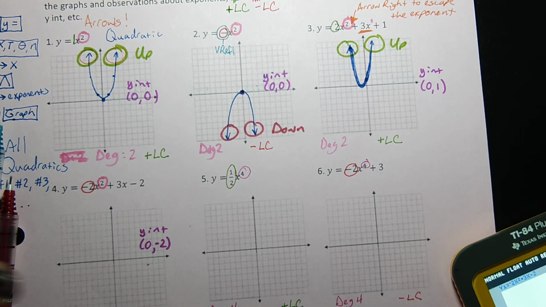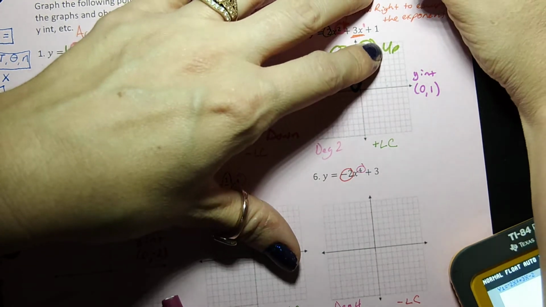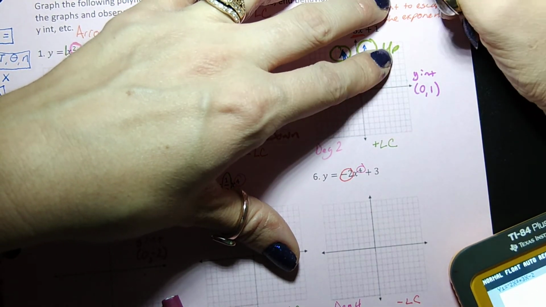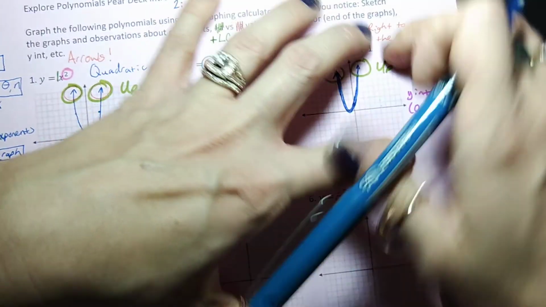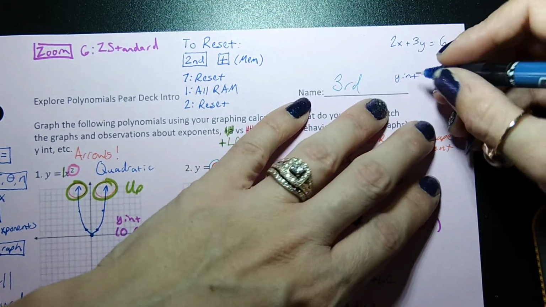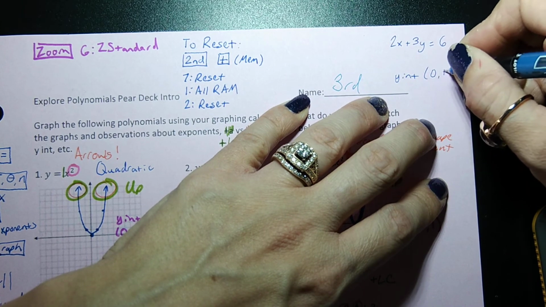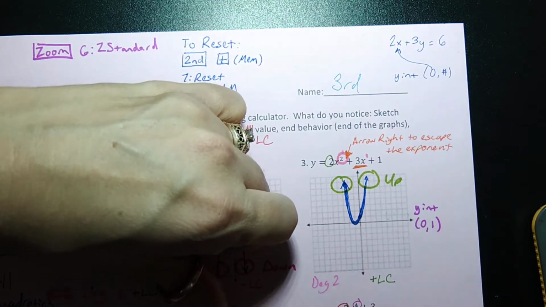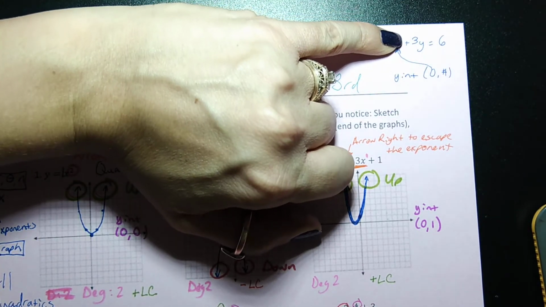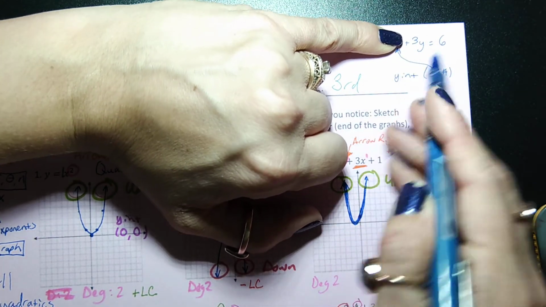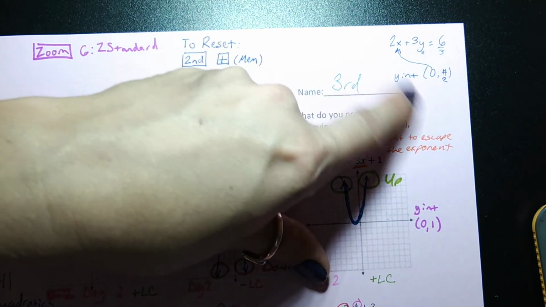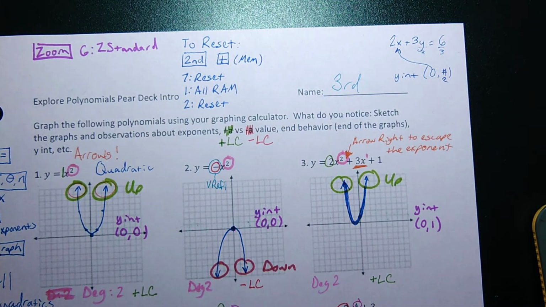So if I had 2x plus 3y equals 6, and I asked you to find the y-intercept, which is 0 and a number, what we would do is plug in 0 for x, which obliterates that term, and then solve for y by dividing both sides by 3. And y is equal to 2. But ultimately, if I want to find the y-intercept, we plug in 0 for x.